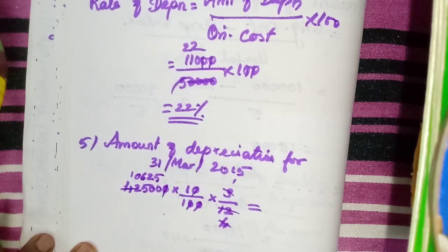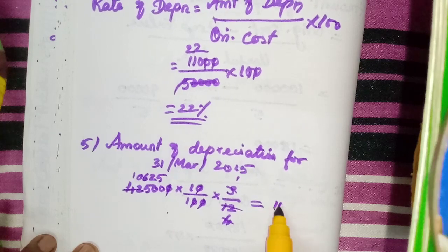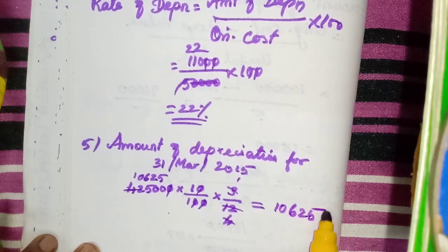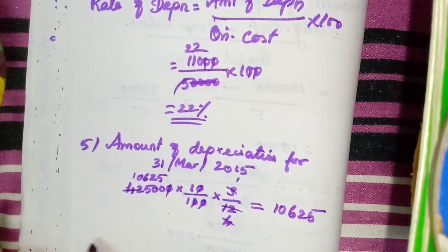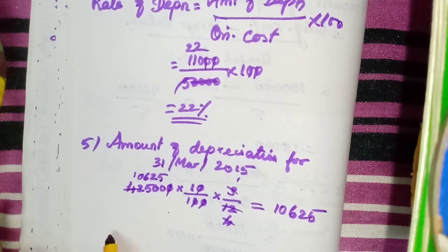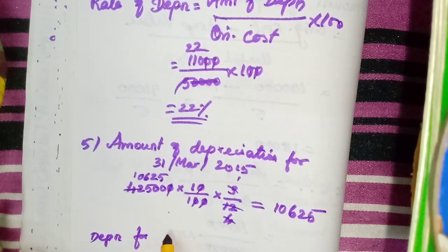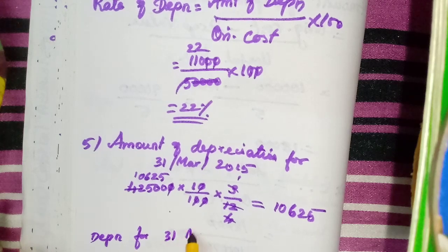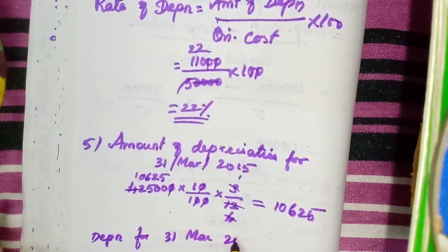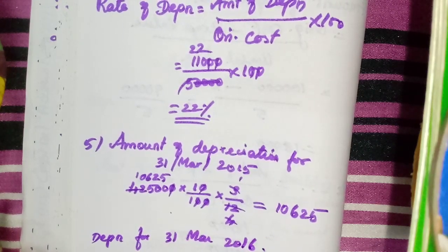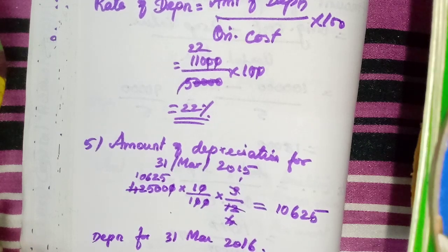So 10,625. Then you have to write depreciation for 31st March 2016.